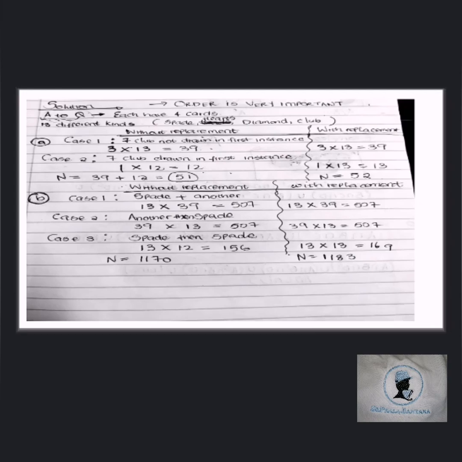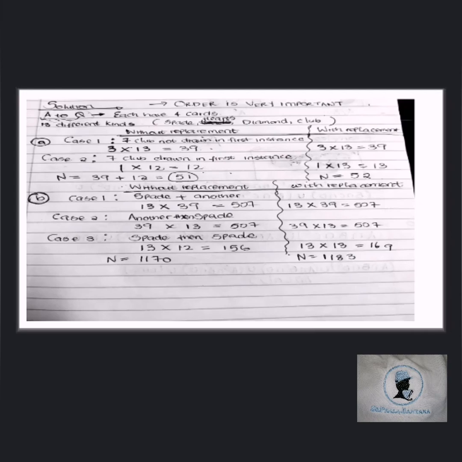So how many ways can we draw a card that is not a spade? It's still 39 times 13, with 13 for the spades. It's the same, it's just that the order is different, and we should account for that also.